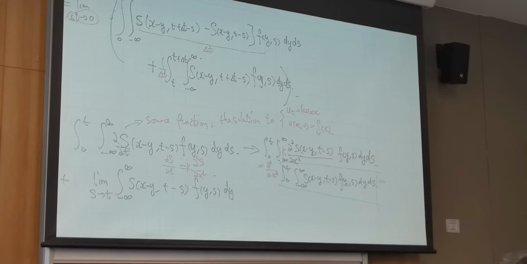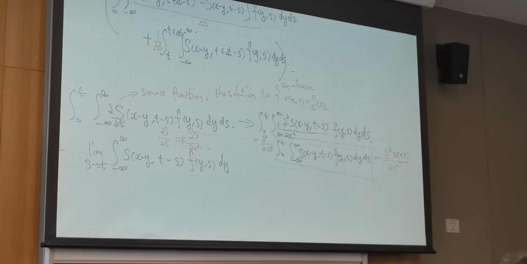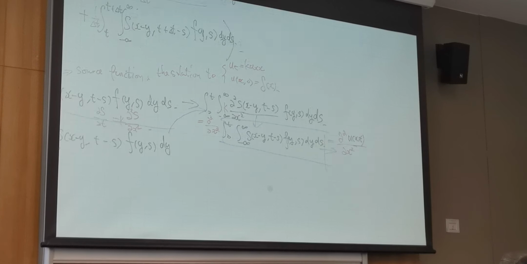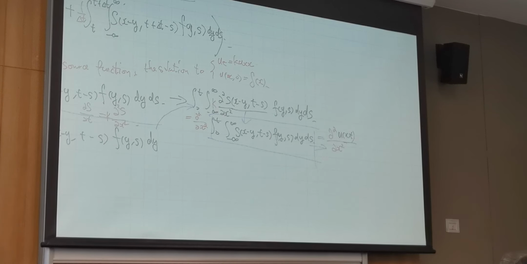This equals, again, the second order derivative in x squared of exactly my u x t. So the first term goes here, and finally goes here: the second order spatial differentiation of u.